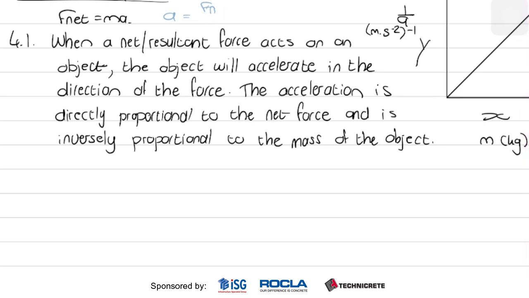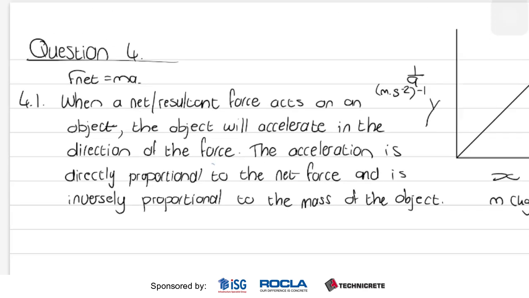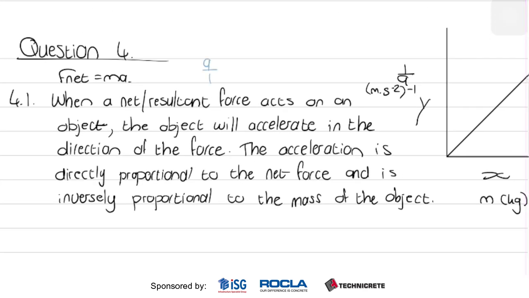Because it's the same as saying A over 1 is equal to F net over mass. So these are both in the numerator, so those are directly proportional, and that is in the denominator, that's in your numerator, so those are inversely proportional. So that's what the second part is dealing with.